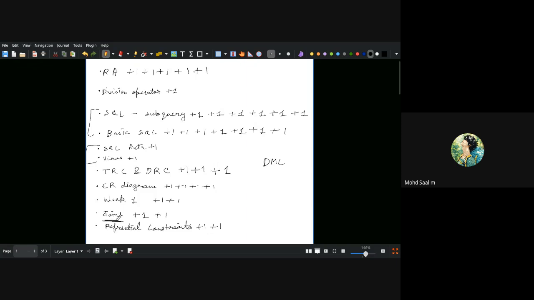And this joins was basically those outer join concepts, outer join questions, where they are asking minimum number of rows and maximum number of rows. Either they are asking the difference or they are asking either of them, minimum or maximum. And then referential constraints. In this, basically, they are asking the cascading concepts. What will happen if we cascade, right?